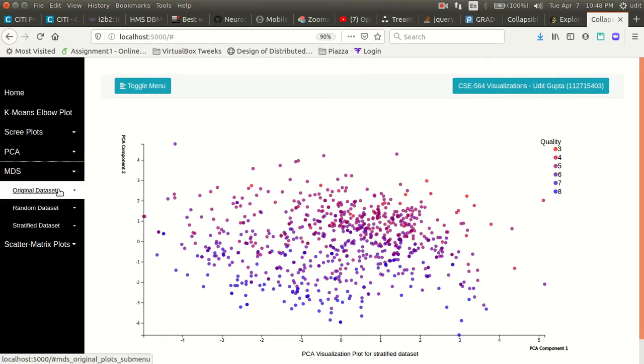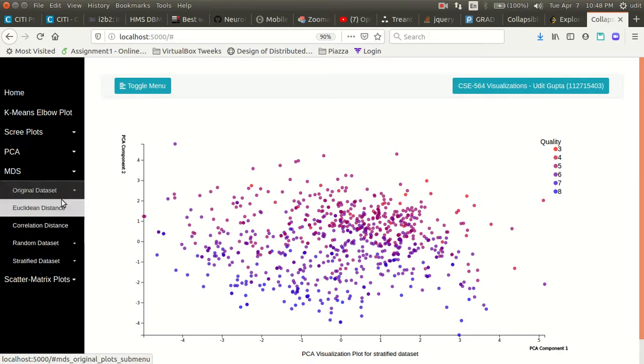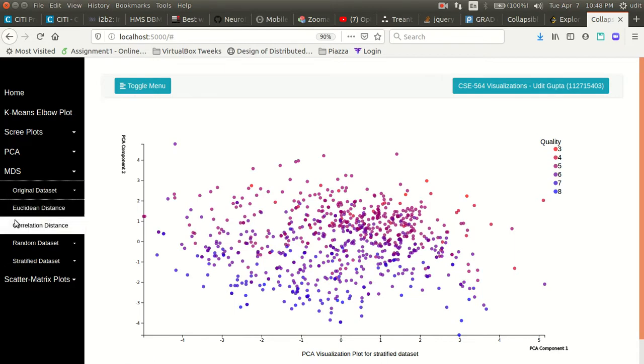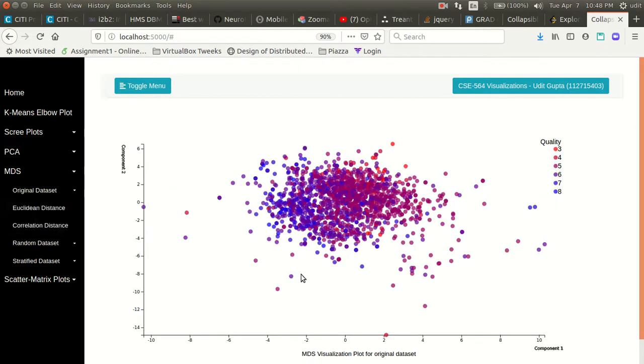So starting with the original data set, once again we'll try to have different distance matrices. We'll try to explore with Euclidean distance as well as with correlation distance. Starting with Euclidean distance, here you see blue points being clustered at one end and red points being clustered at another end.